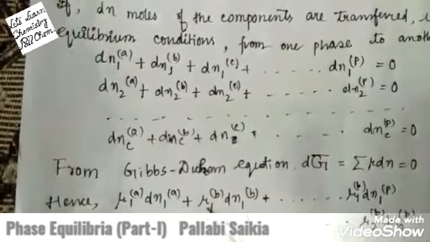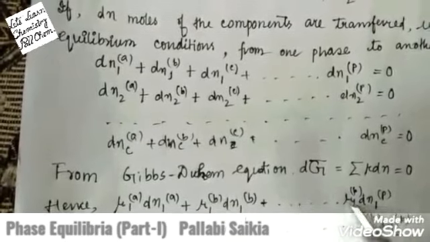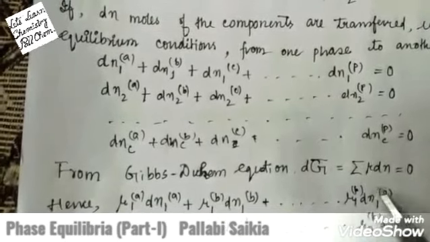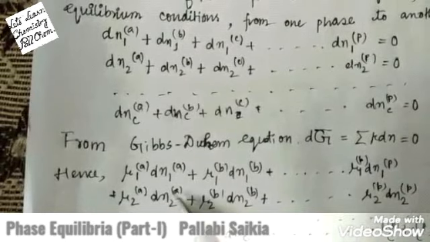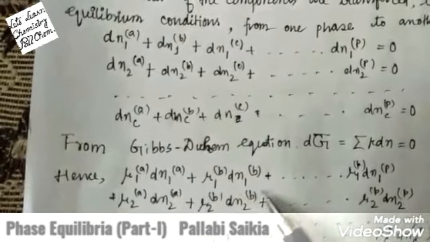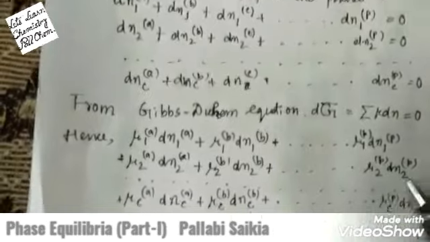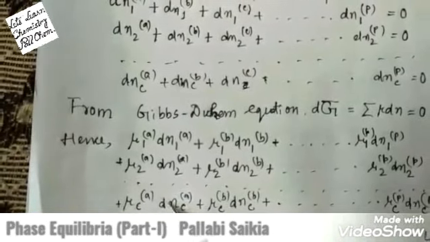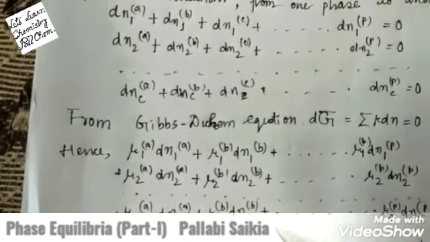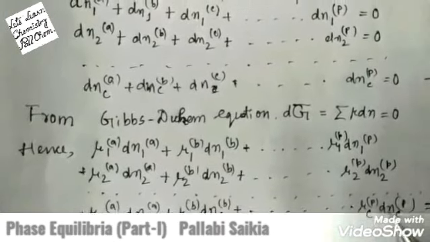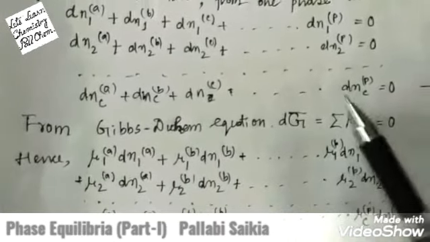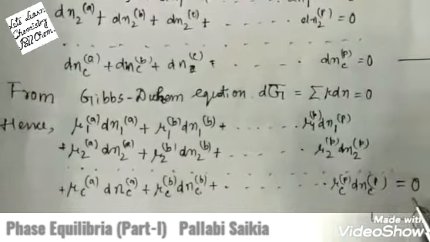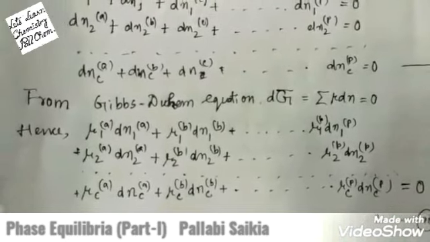That means mu1 dn1 for A phase, mu1 dn1 for B phase up to mu1 dn1 for P phase, mu2 dn2 for A phase, mu2 dn2 for B phase, mu2 dn2 for P phase, mu c dnc for A phase, mu c dnc for B phase up to mu c dnc for P phase. This summation is equal to 0. This is equation number 2.